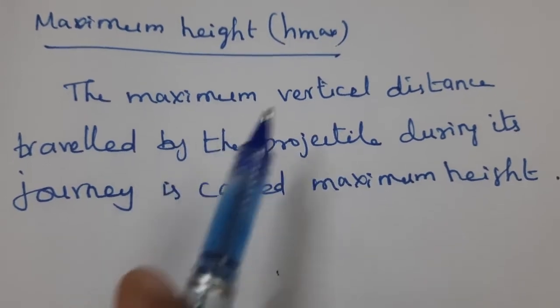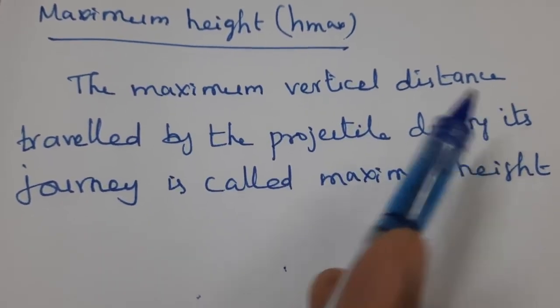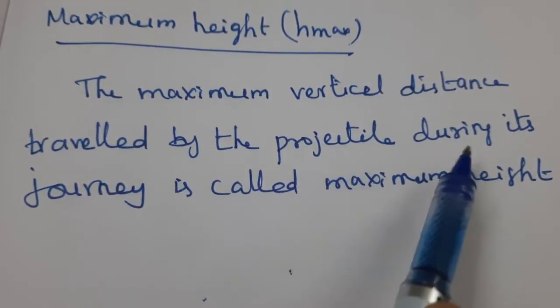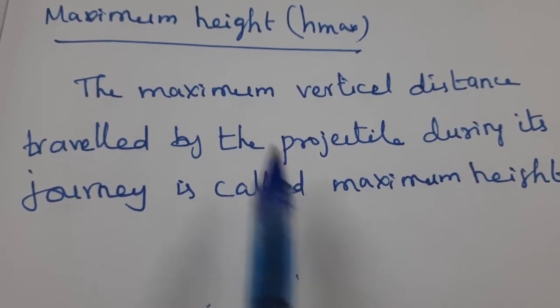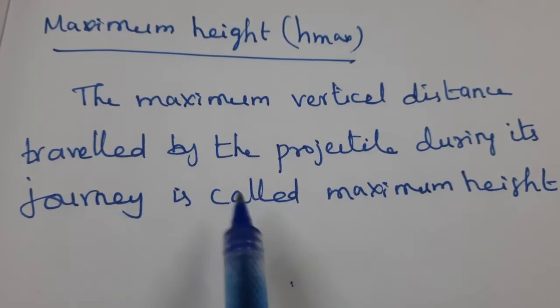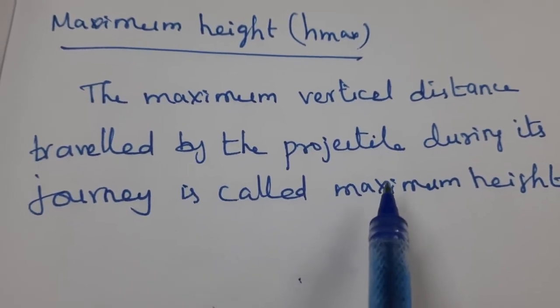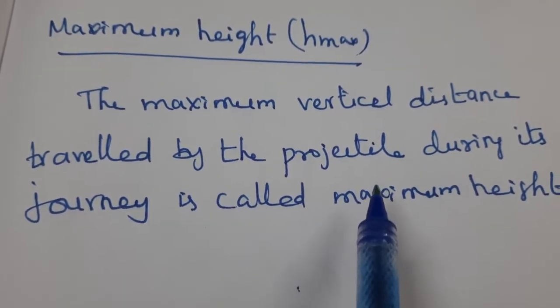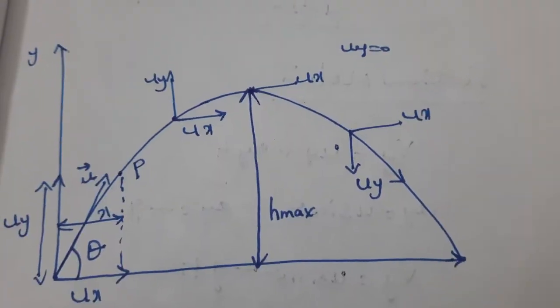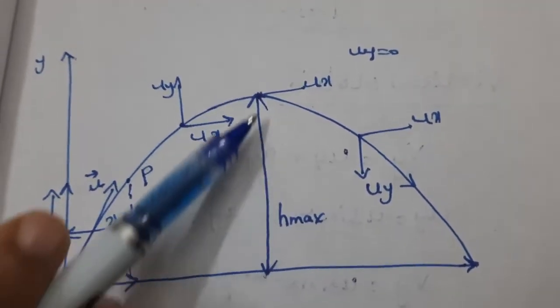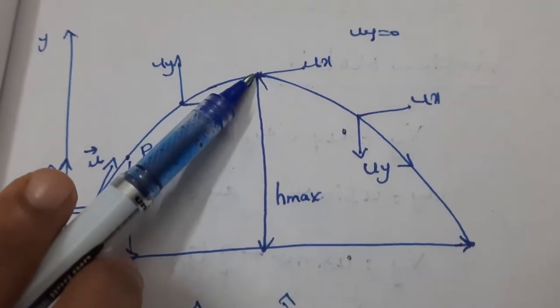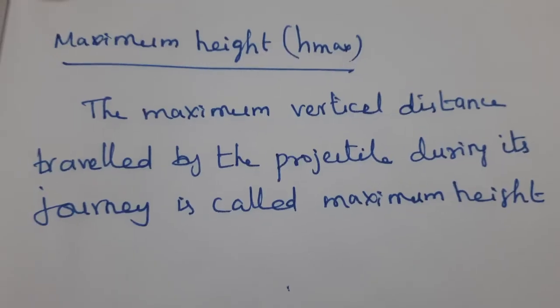The maximum vertical distance travelled by the projectile during its journey is called maximum height. In this picture, this is the maximum height, maximum vertical distance, h max.